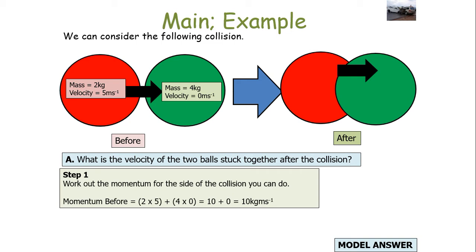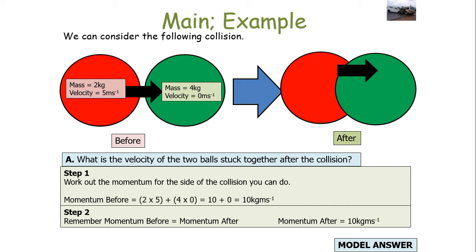This allows us to move on to step 2, which is that momentum before is equal to momentum afterwards. So if the momentum before was 10 kilogram meters per second, the momentum afterwards is 10 kilogram meters per second.